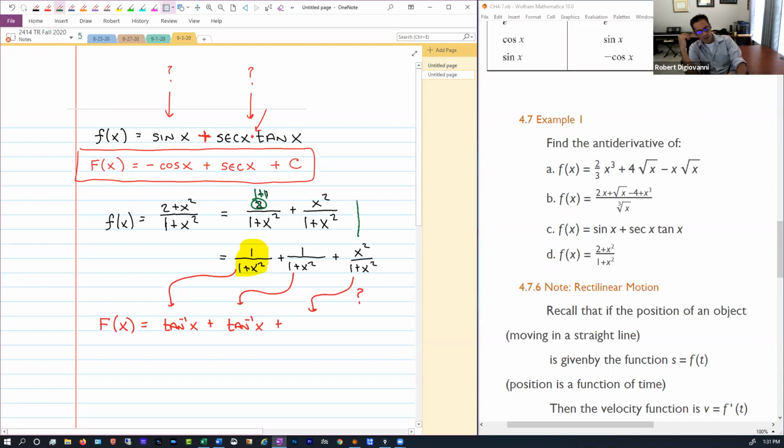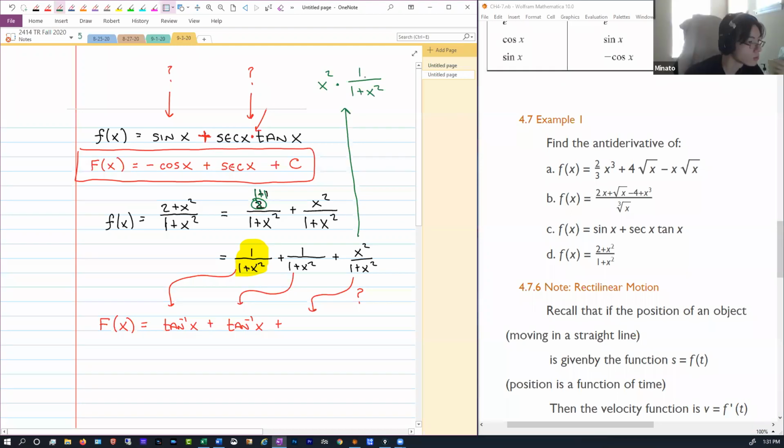So look, I want you to think about this right here. Could I rewrite that as x squared times 1/1 plus x squared? Could I do that? Yes. Okay, now, could I then just find the antiderivative of each of these separately? Not with our rule.